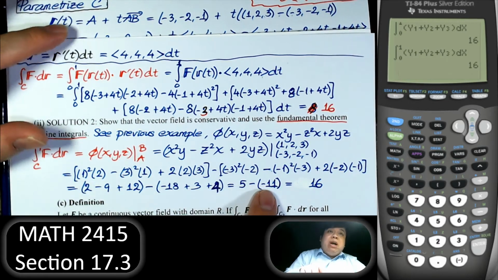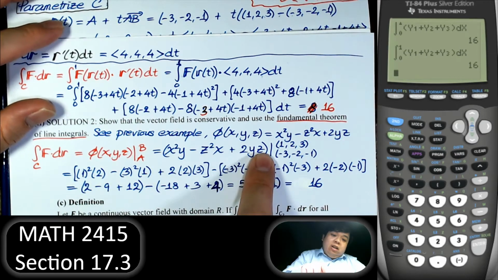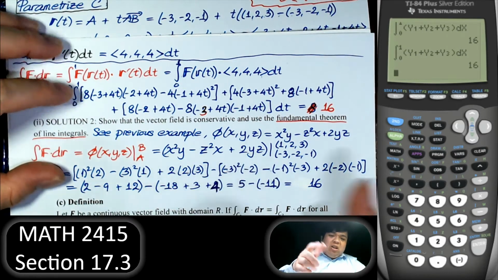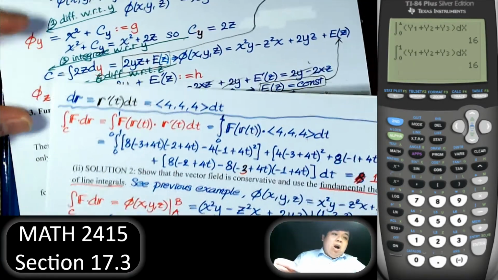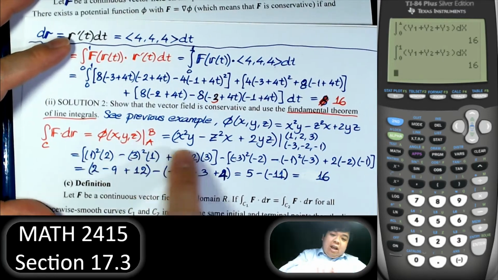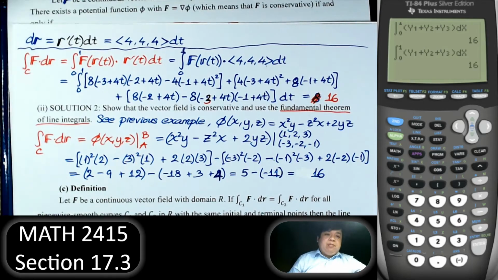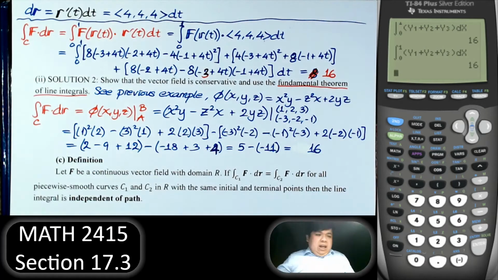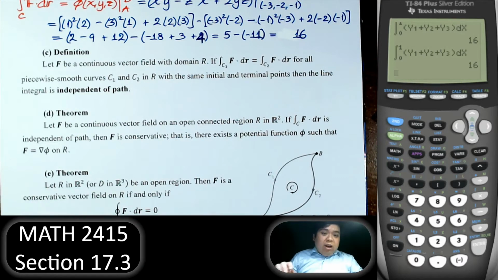Or we use the fundamental theorem of line integrals. We don't integrate, but we find the potential function, which we did earlier. And now just evaluate at those 2 points. So we substitute in. So that's what we have. Yeah, it's not that bad, but I just chose an example that is not as simple as it needs to be.